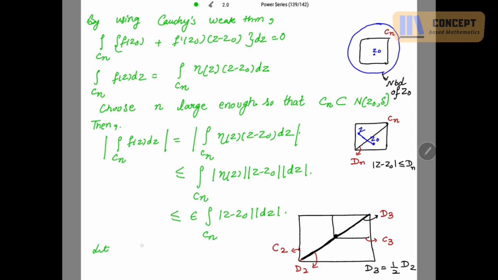So before this we should write: let dn be the diagonal of rectangle Cn and let ln be the perimeter of this rectangle.